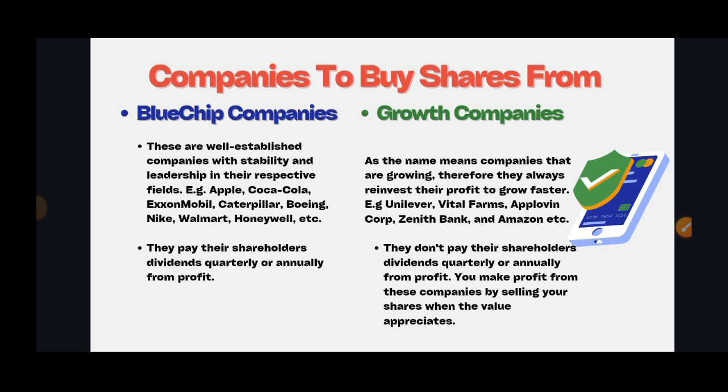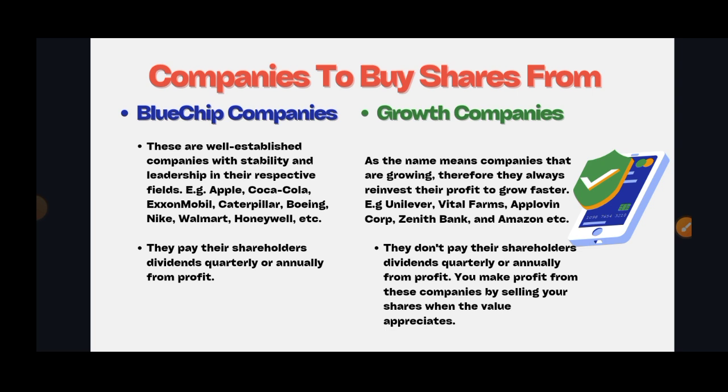All their profit they reinvest, so they don't pay dividends. For example, Unilever, Vital Farms, Amazon, Zenith Bank. They don't pay their shareholders dividends quarterly or annually from profits. They make sure they put their profit back into their business to grow.